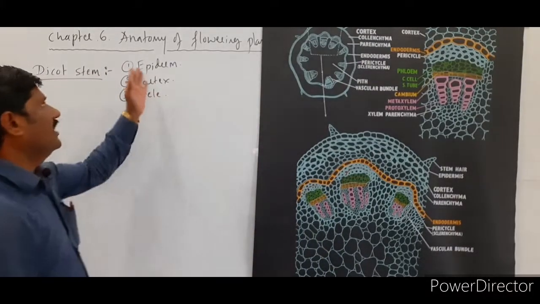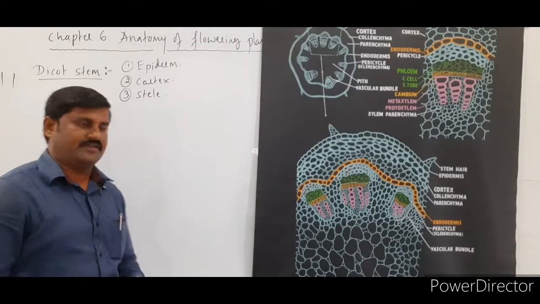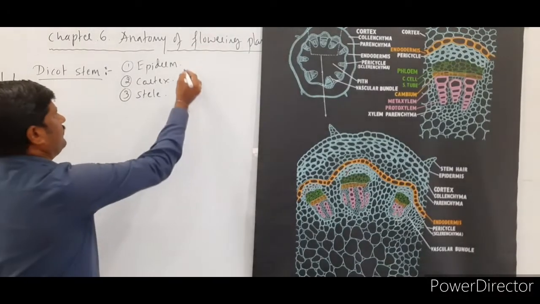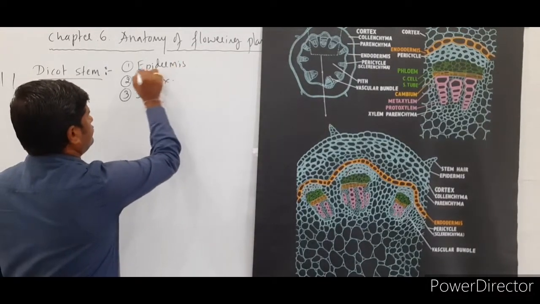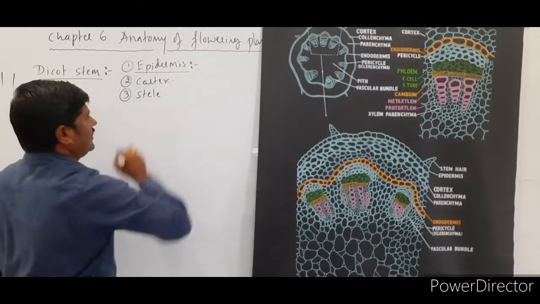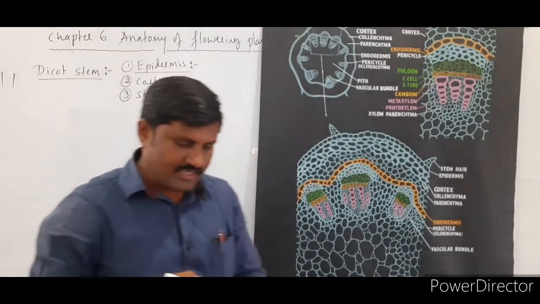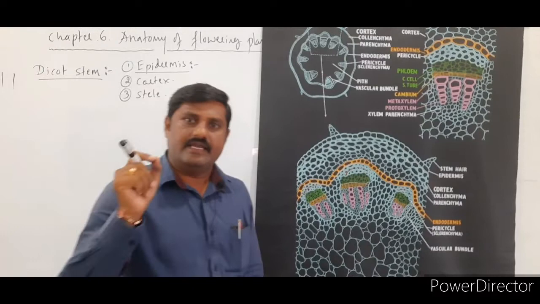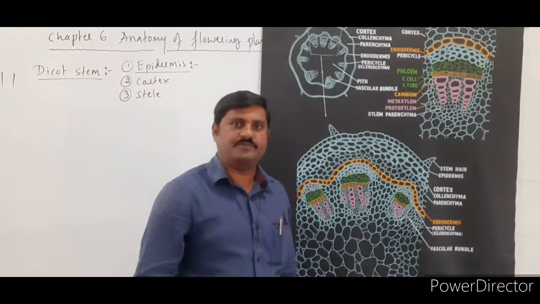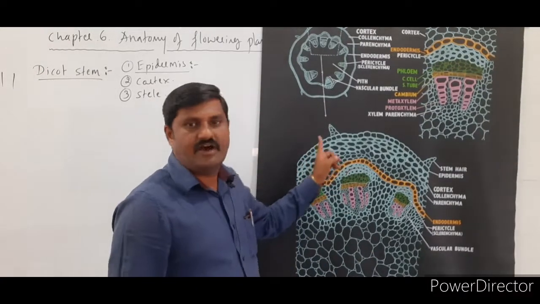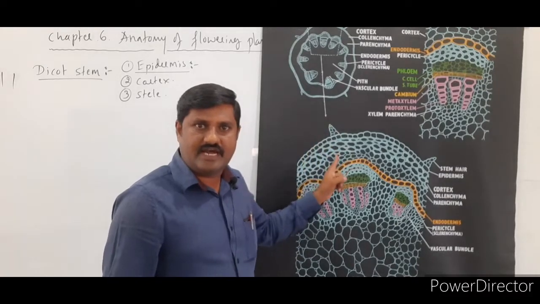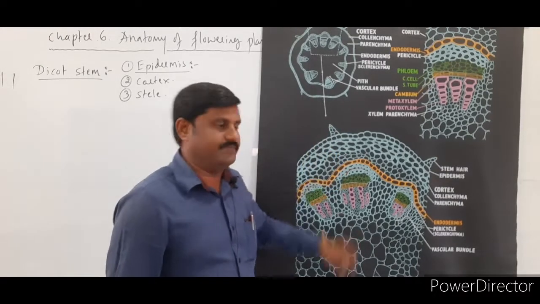Now one by one we'll study them. The first one is epidermis. What is epidermis? In the last video I had explained the epidermis of the root. Now we shall start with the epidermis of the stem.